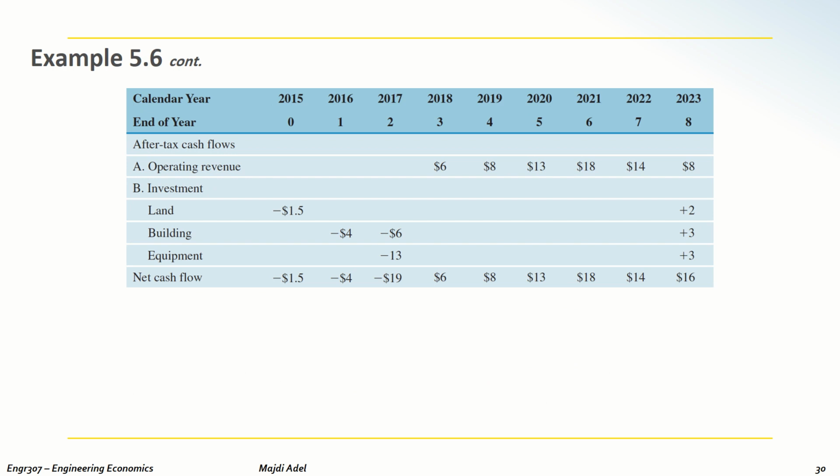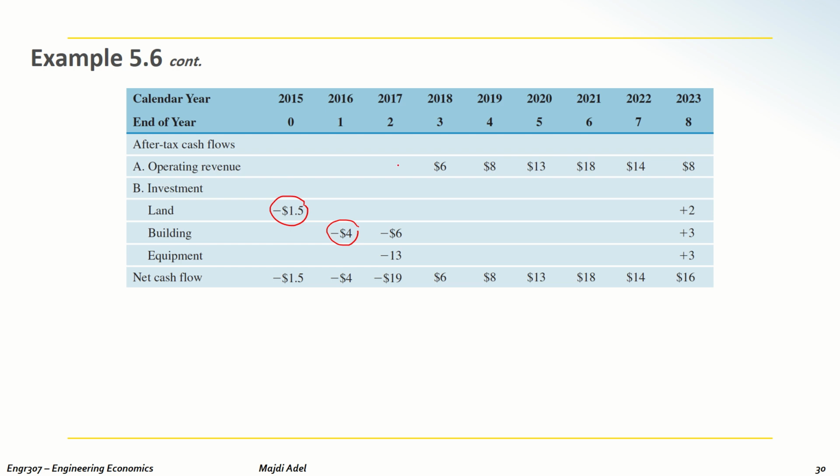This table summarizes all the transactions of this project. At n equal 0, they will buy the land for 1.5 million. At the end of the first year, they will pay 4 million for the contractor.